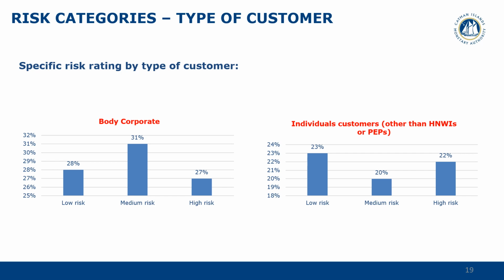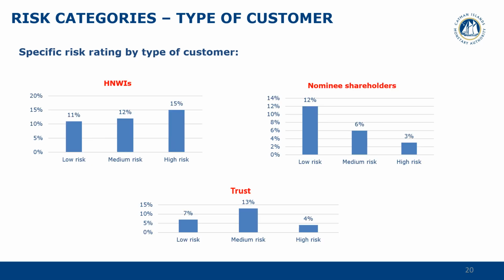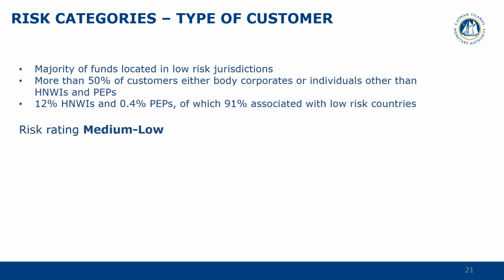So for body corporates, 27% were what we would describe as high risk types of customers, 31% medium risk, 28% low risk. And again, for the individual customers, we've broken it down to those that would be considered high risk, medium risk and low risk. And again, these charts show that risk rating by type of customer for high net worth individuals, nominee shareholders and trusts.